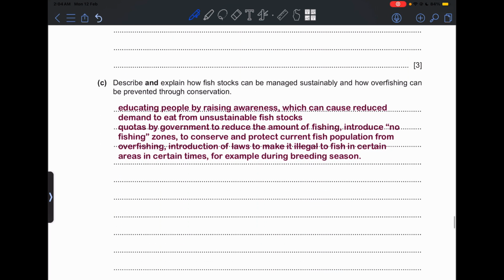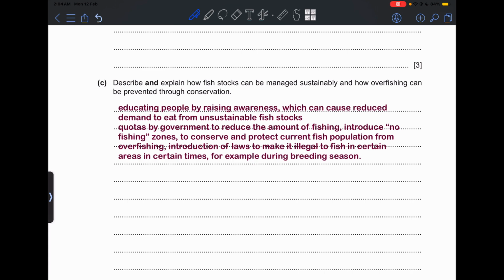C says describe and explain how fish stocks can be managed sustainably and how overfishing can be prevented through conservation. So how can we protect the fish stocks that are present right now? This is by educating people, by raising awareness. And what is the use of educating people? What will happen if we educate people? There will be a reduced demand to eat from unsustainable fish stocks.